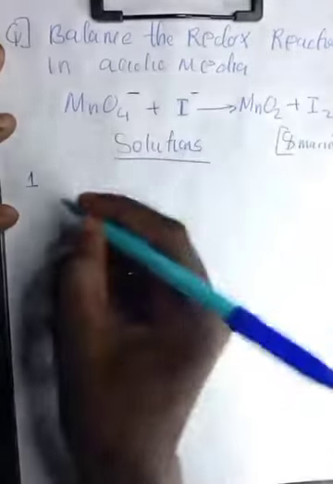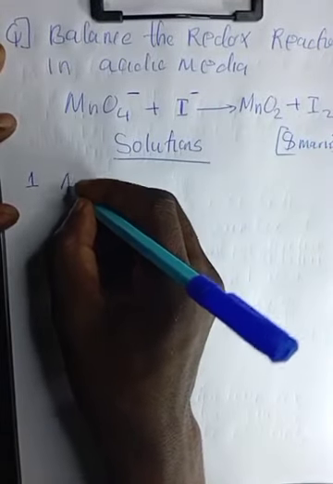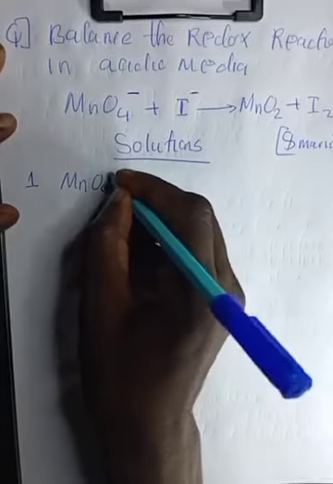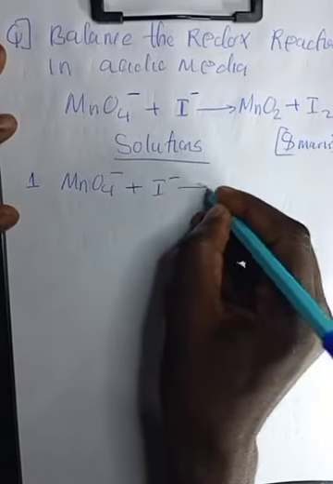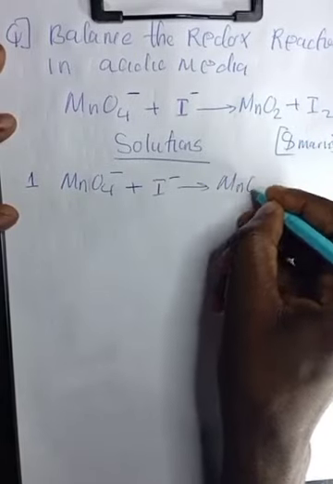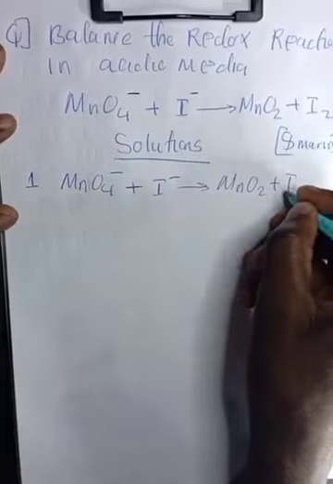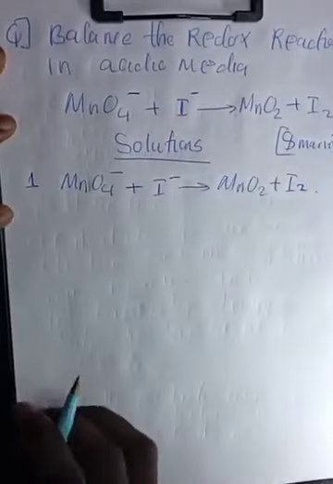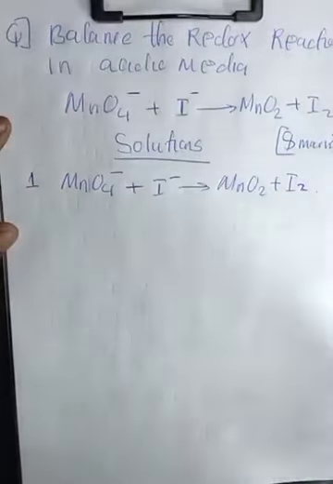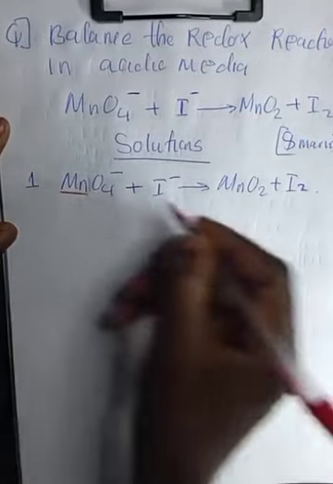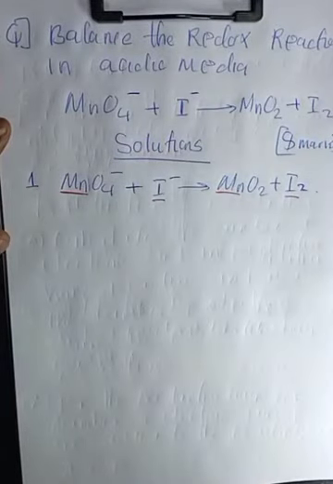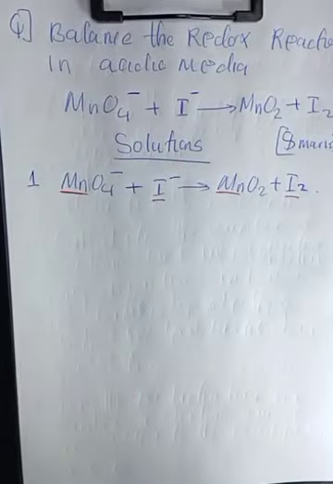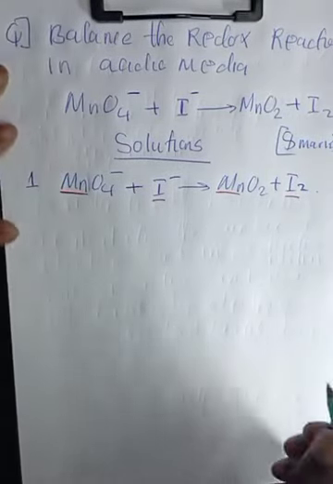In this one, we have MnO4 minus plus I minus, which is the iodine ion, and we are getting MnO2 plus I2. Here we need to assign for manganese and iodine, because these are uncommon elements. But for oxygen we can't assign, and hydrogen we don't have, so we can't think about it for now.